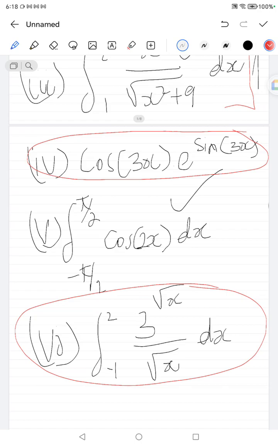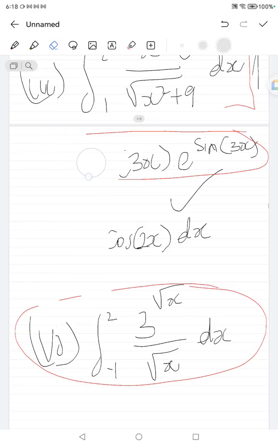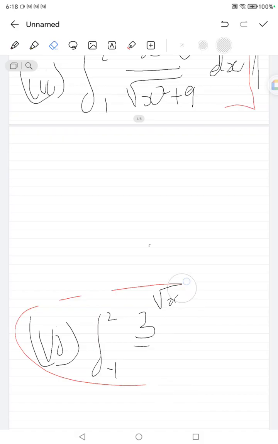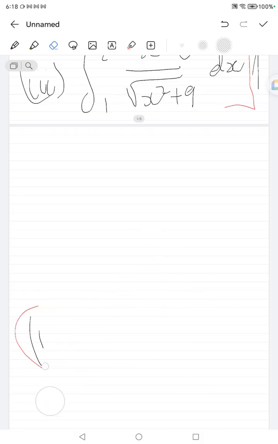I'm not sure if you guys do such examples. Did you guys ever do something like this? It was in the practice problems. Oh, it was in the practice problems? Yes. Okay, so let me try to quickly edit again.